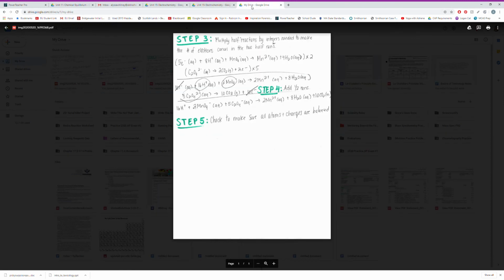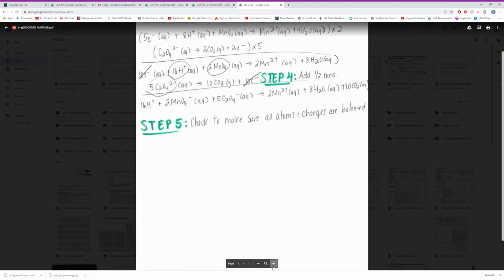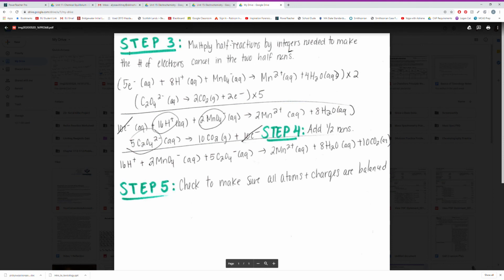All right, last page. So finally, step 3: we're going to multiply half reactions by integers needed to make the number of electrons cancel out in the 2 half reactions. So I wrote out my total half reactions over here. I've got 5 electrons in my first half reaction involving manganese, and I've only got 2 electrons in the half reaction involving carbon.